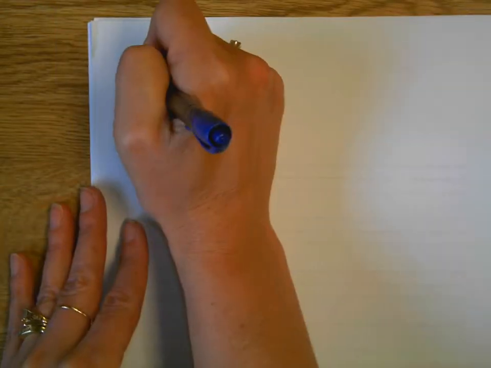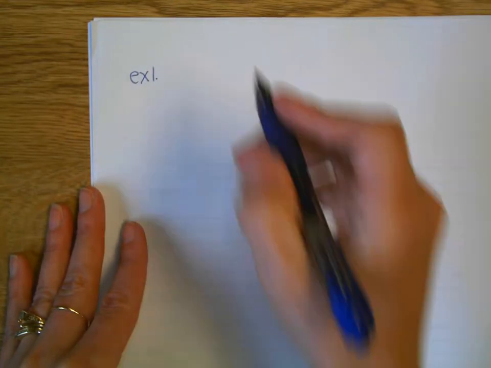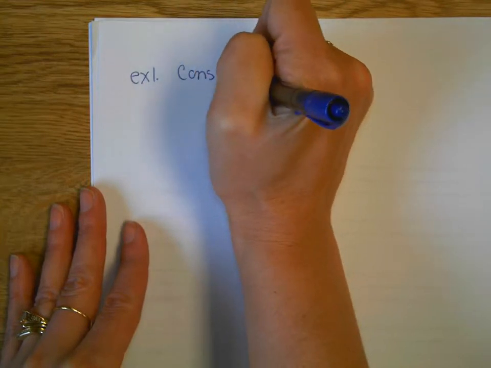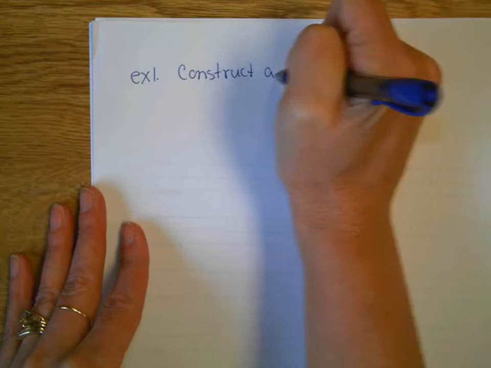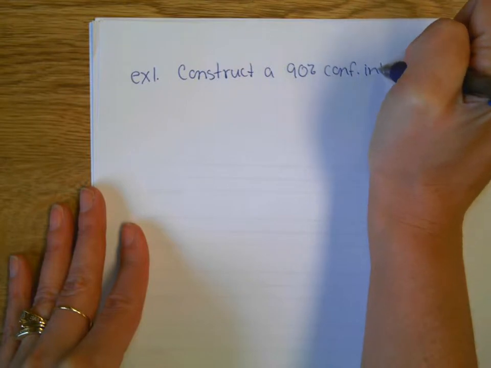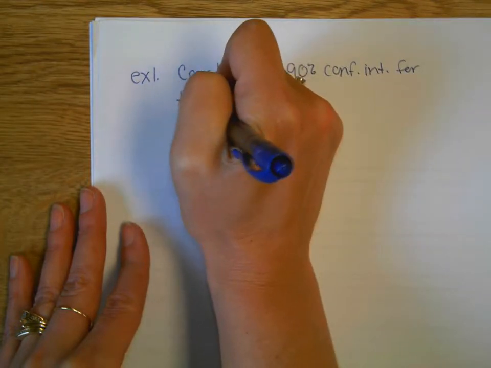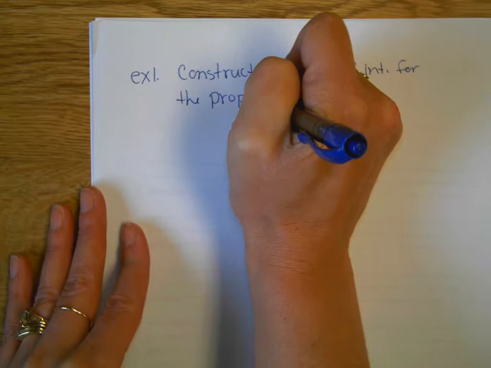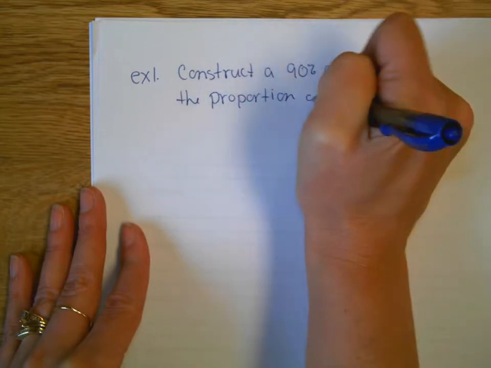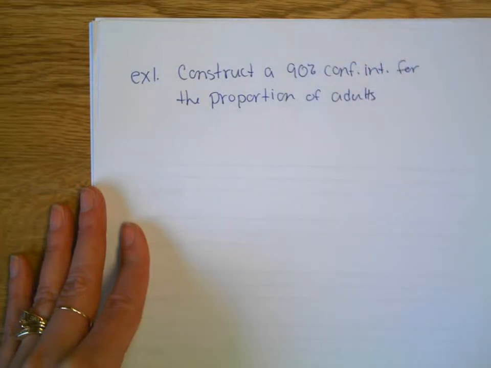Example 1. Construct a 90% confidence interval for the proportion of adults who say that of all the presidents in our nation's history, they most admire Abe Lincoln.